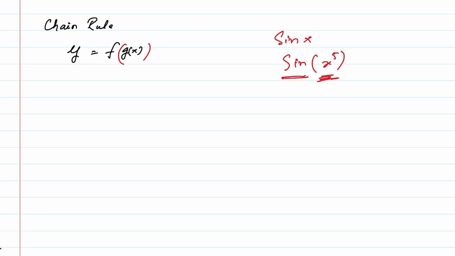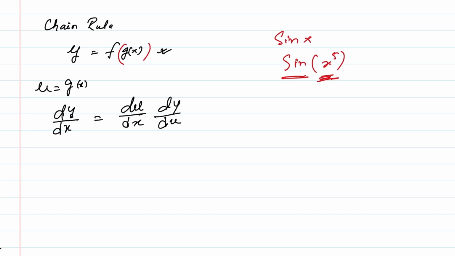So in that case we have to consider this g(x) as u. We have to consider u is equal to g(x). Then dy by dx, the derivative of the given function y is equal to f of g(x), will be given by du/dx and dy/du.